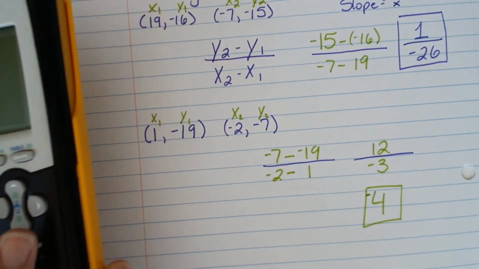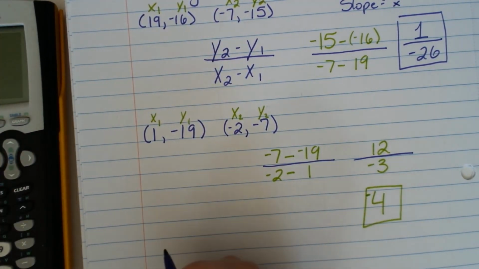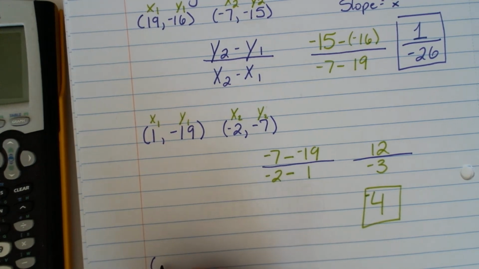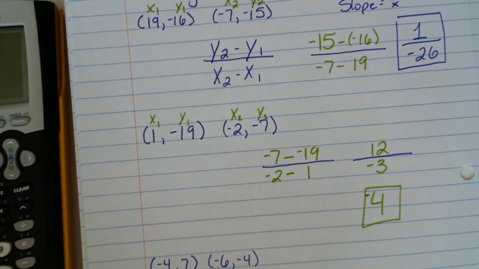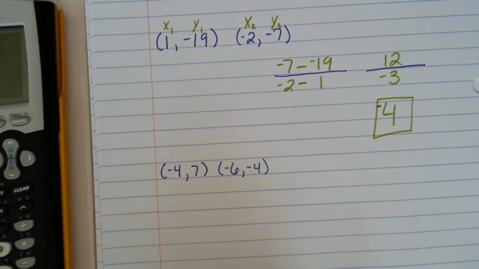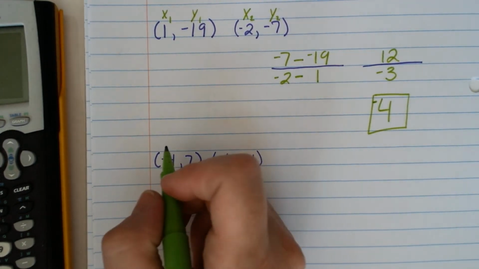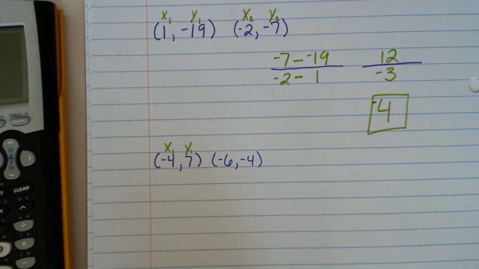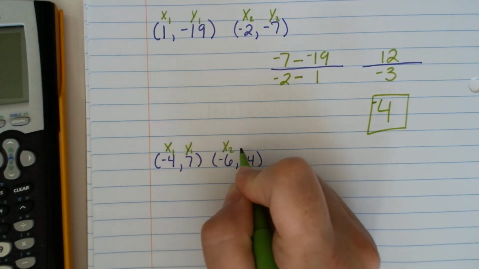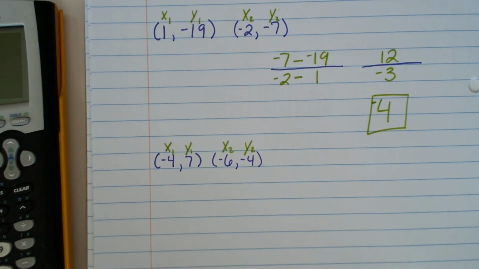Okay, let's do one more practice. Negative 4, 7, and negative 6, negative 4. Always label them. So we have x1, y1, x2, y2.